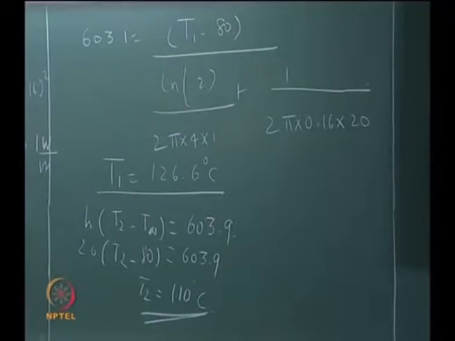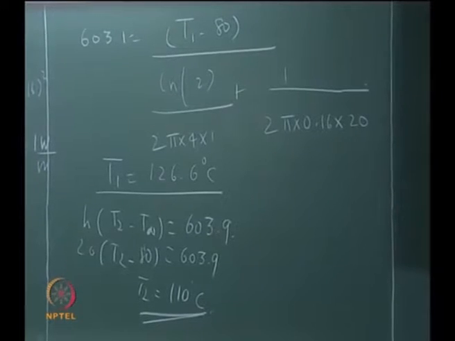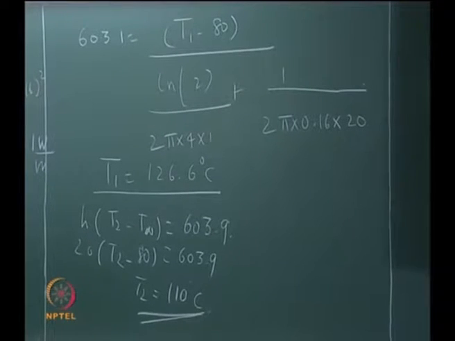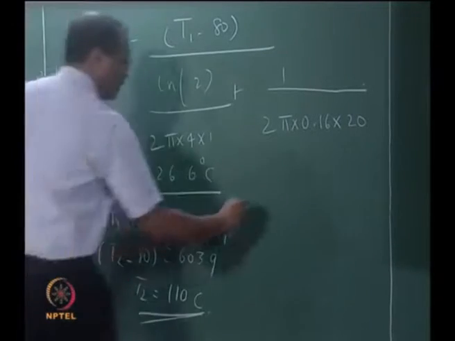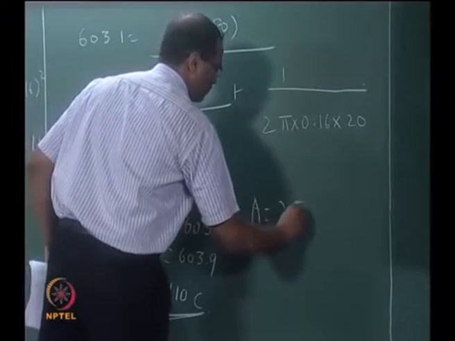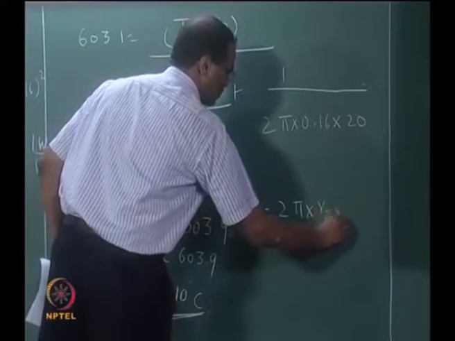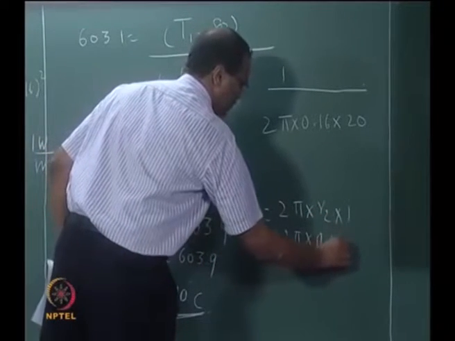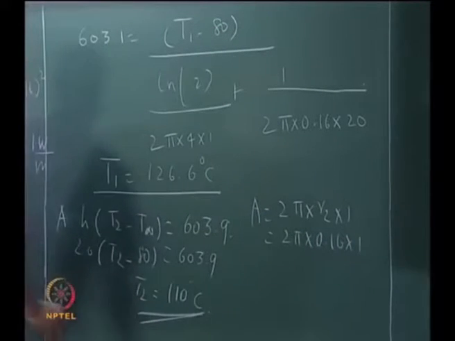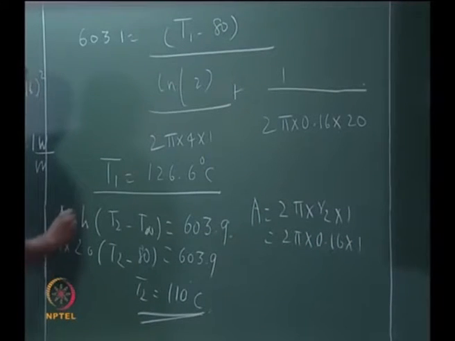Here is a problem where the Q is known but the temperatures are unknown. Vikram, is it okay? Yeah, of course. What happened to area? Yeah, into 2 pi R. I have already done that.